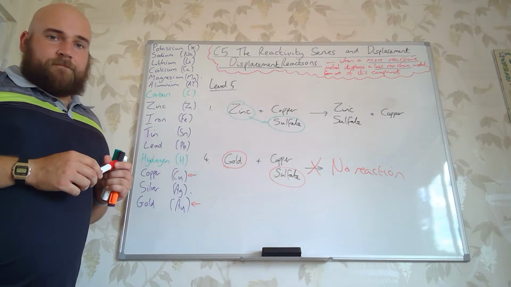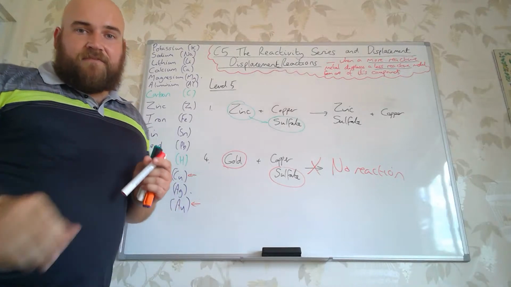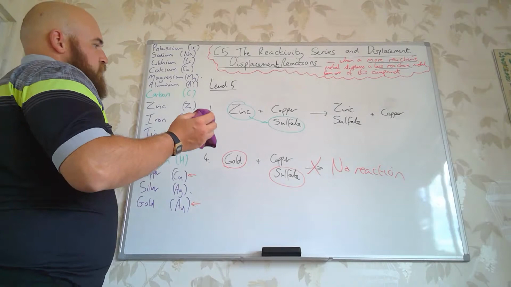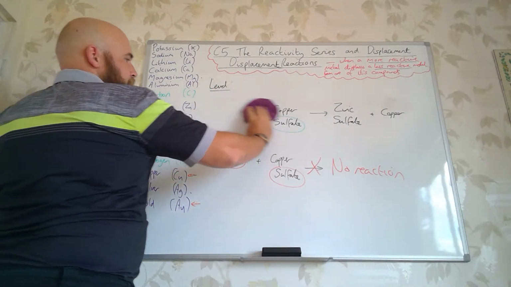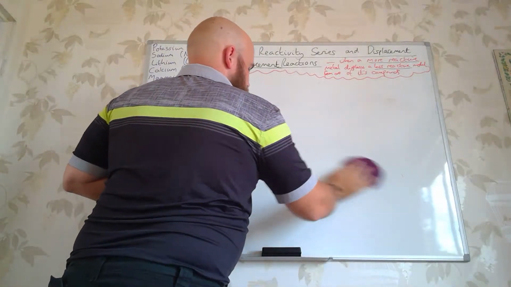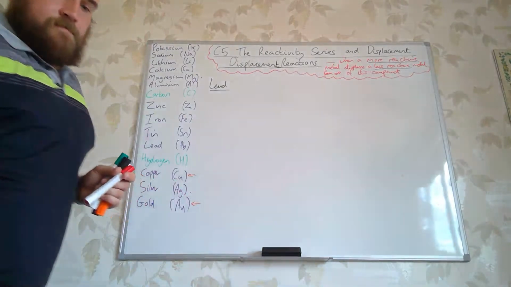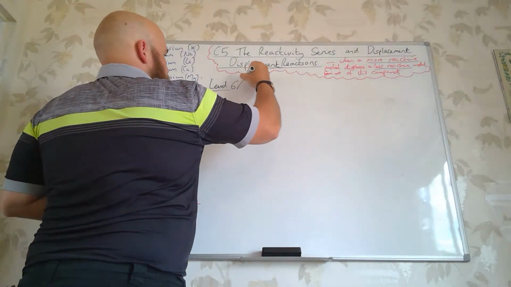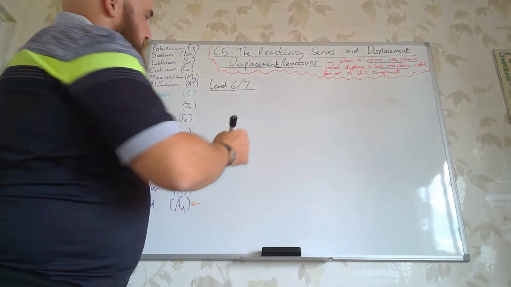Okay, right. We'll move on to the level 6 and 7 questions now, and we'll do a few of these because they're symbol equations. Okay dokie. So what have we got? Let's do the first one, Na2.